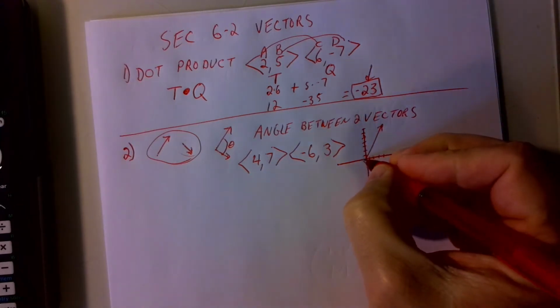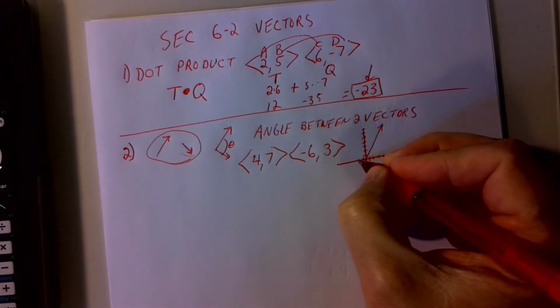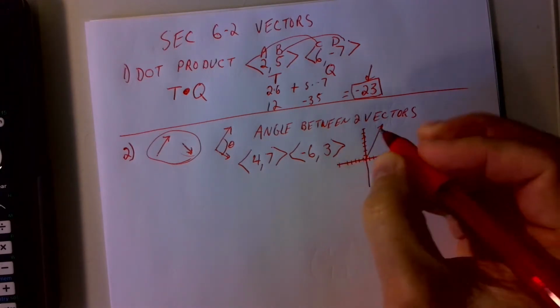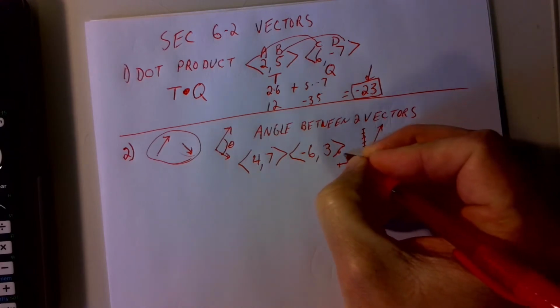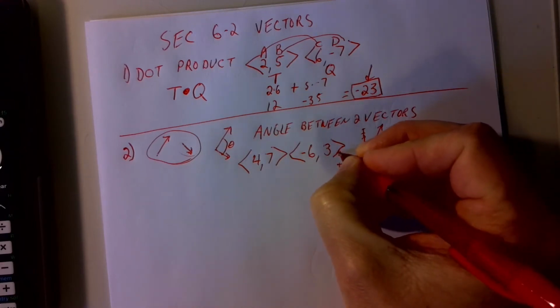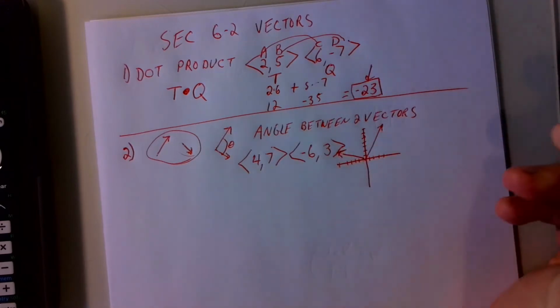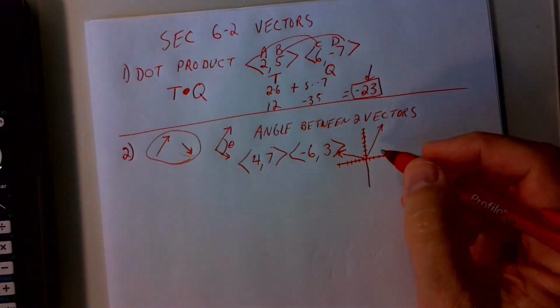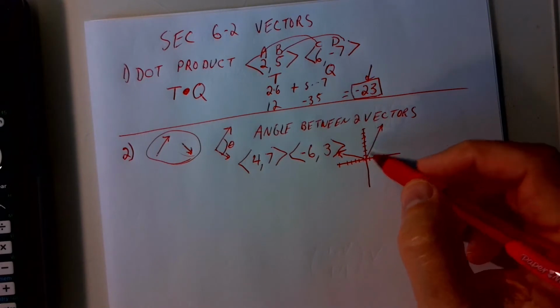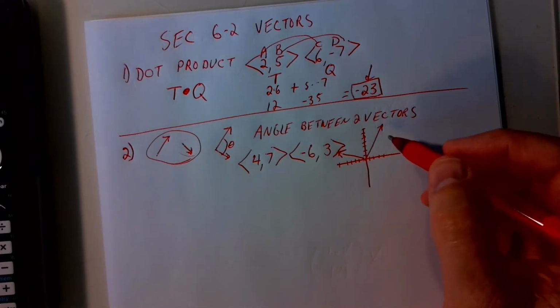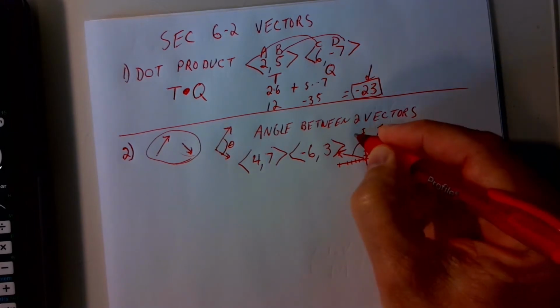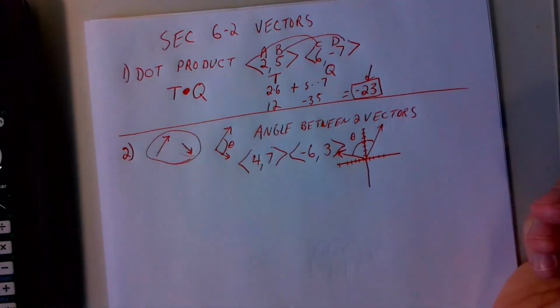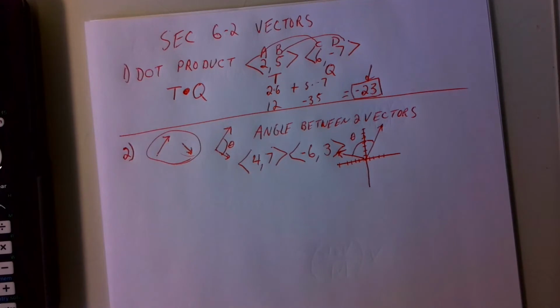Negative 6, 3. 1, 2, 3, 4, 5, 6, and 3 is over here. So negative 6, 3 looks like that. And it's not drawn perfectly to scale, but I'm hoping that you can see this. And you know it's at least 90 degrees or more. Okay? So what we're trying to do is find the measure of that angle right there between these two vectors that are heading off in different directions.